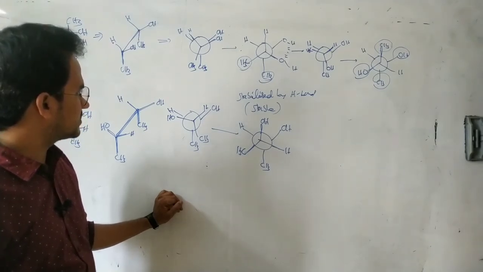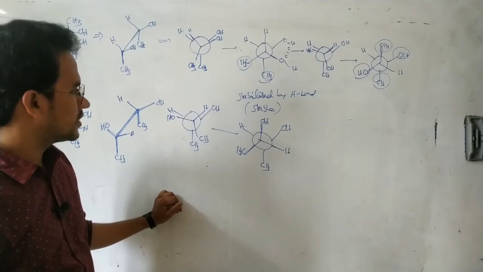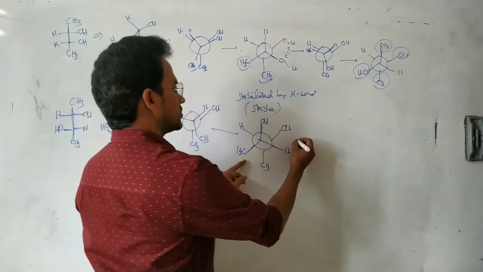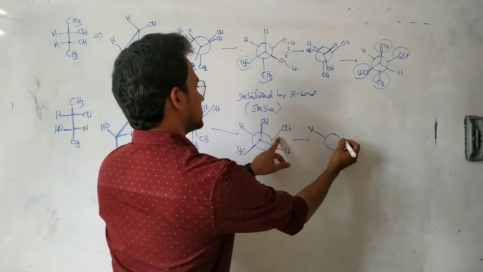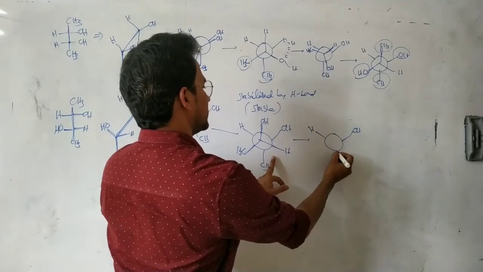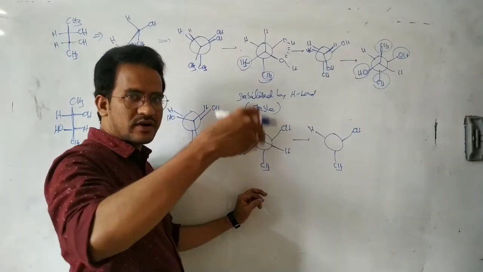This one is rotated 60 degrees. Now next, rotating another 60 degrees: H, OH and methyl. The rear carbon is fixed, so rotating the front carbon.